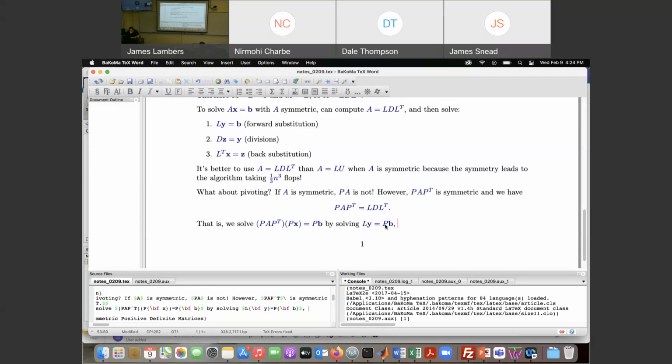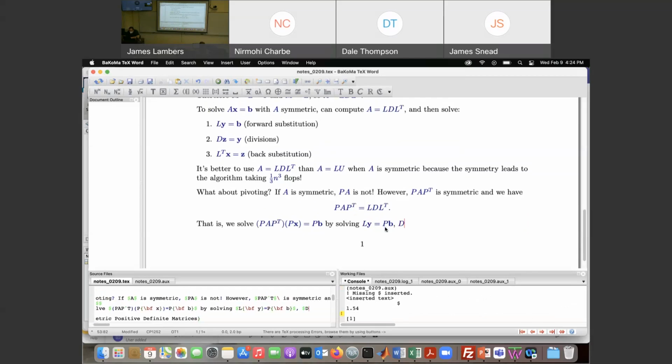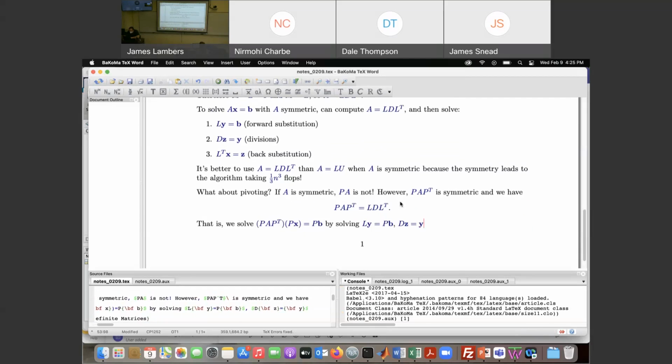You have to scramble the right-hand side. And then you solve the same diagonal system as before, and then you perform back substitution.